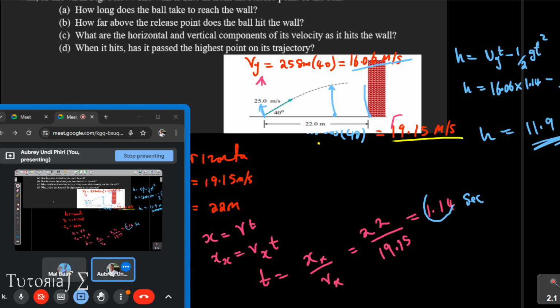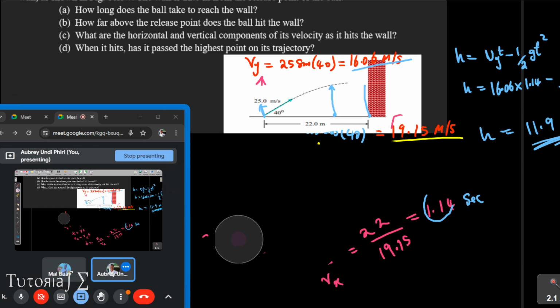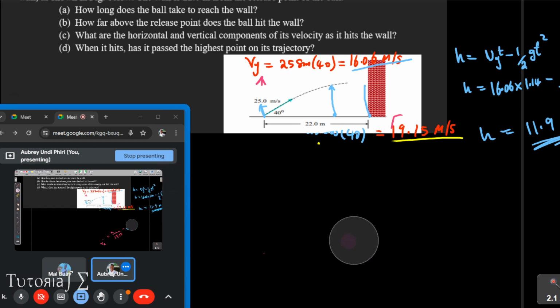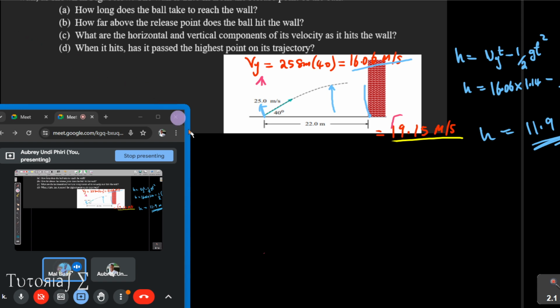Let me just clear out what is down here. So now you can read for us question C. Part C: what are the horizontal and vertical components of its velocity as it hits the wall?